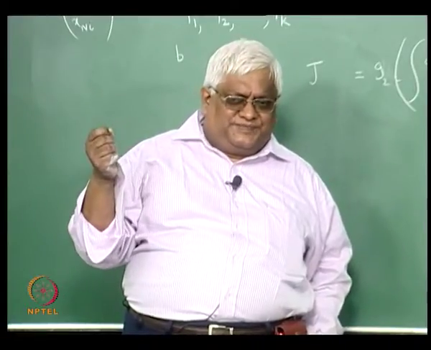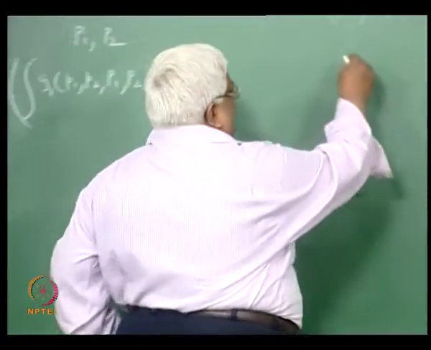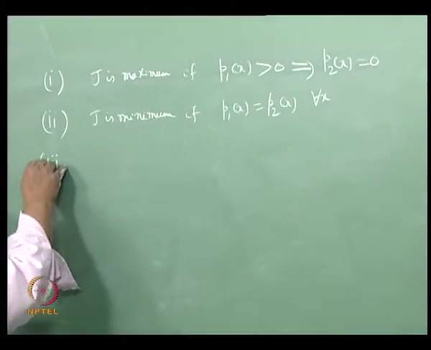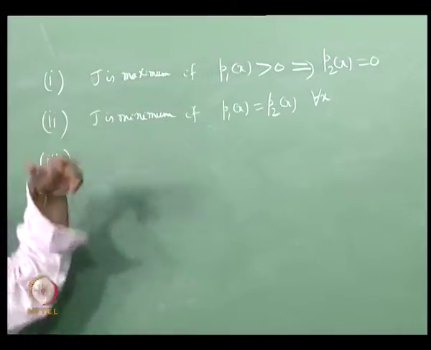Is it clear to you? And the third one is that, so I wrote maximum and minimum, and all the other cases they should be in between this maximum and minimum.